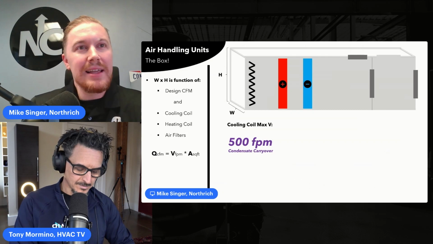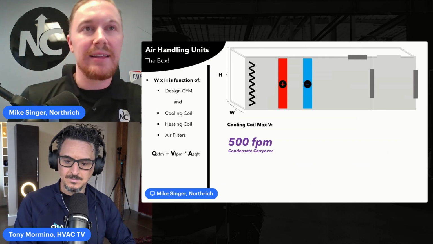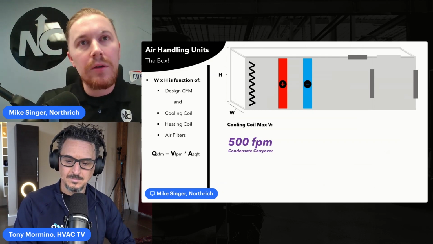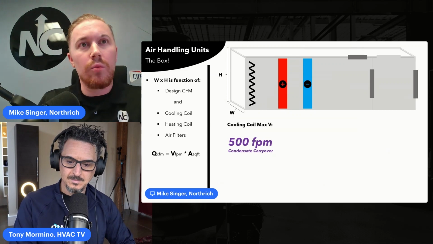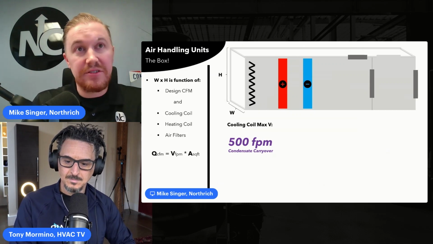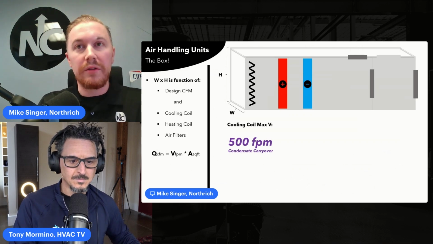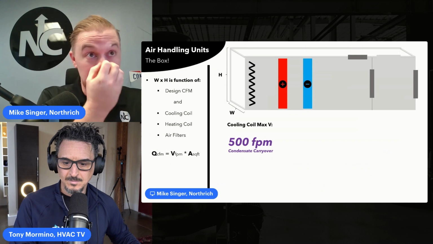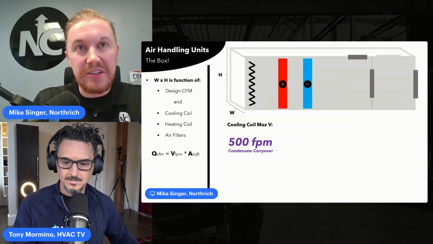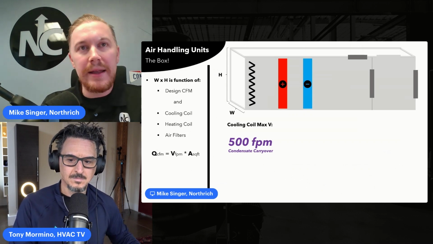How do I apply these limits? How can I apply a velocity limit if I want to output the area? Well, if I'm working in an air handling unit that has a cooling coil, I might limit that face velocity to around 500 feet per minute, which is a good rule of thumb for new engineers entering into the HVAC space. Why 500 feet per minute?